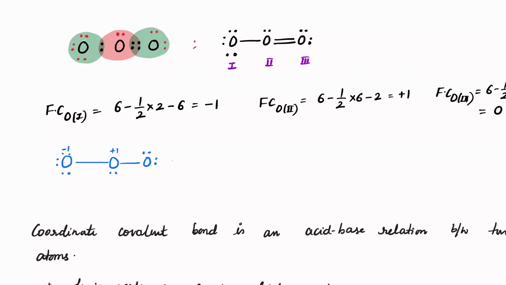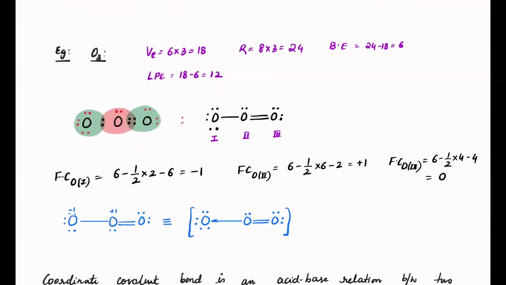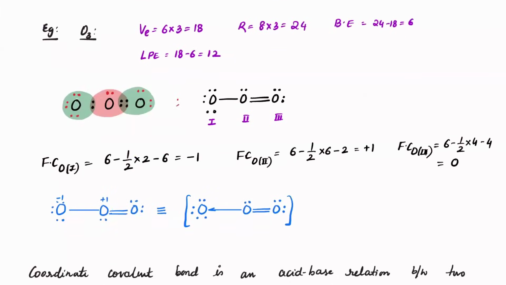Now if I write in terms of dative bond, it will be a dative bond towards this oxygen with one lone pair, with a double bond here, there was a double bond with oxygen this way, right? So this is the dative bond form. You can see there is one dative bond from the central oxygen towards the side oxygen. So O3 structure is clear.